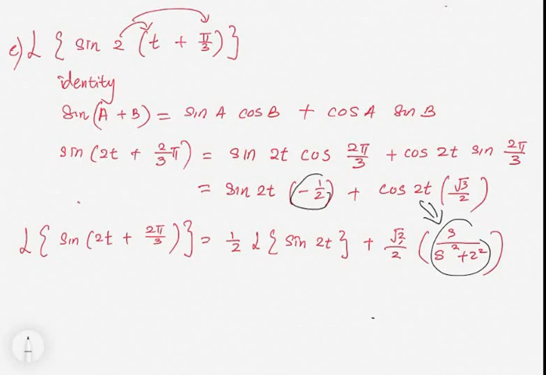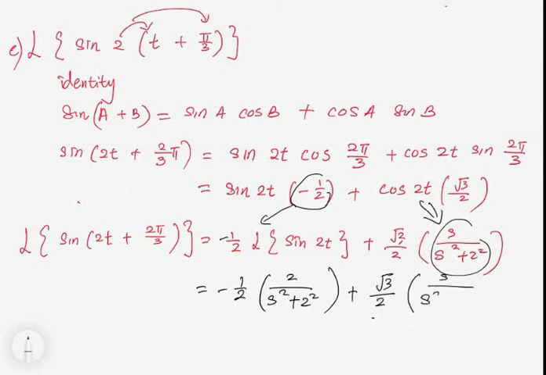Okay, so I have the minus here. So it's minus half 2 over s square plus 2 square plus square root of 3 over 2 s over s square plus 2 square. Okay, so I would have this answer.